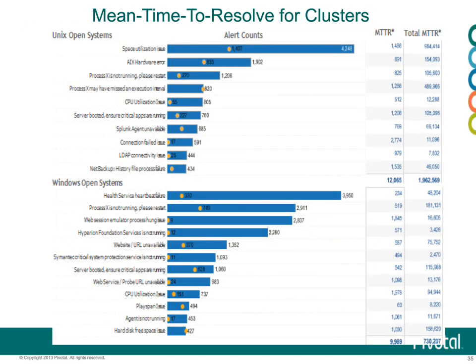So in this slide, I'm showing a particular metric that we derived from each of the clusters. It is called the mean time to resolve. For each alert, we can compute the time it took to resolve that incident. And by computing the average in a cluster, we can compute this metric called MTTR, which is a key metric.